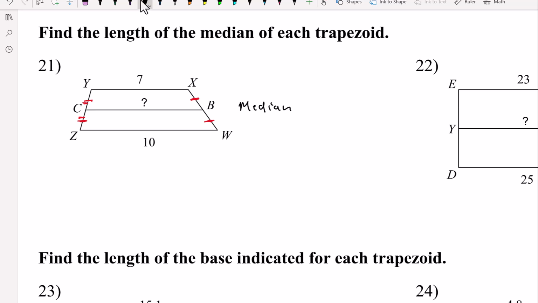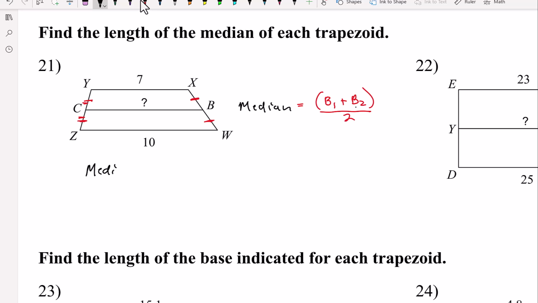What we also know about the median is it's base 1 plus base 2, it's the average. So you just add those two. So if we want to find the median length, you add the two bases together, divide it by 2.